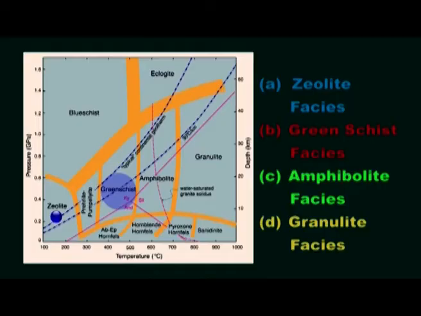The facies of intermediate pressure or Barrovian type are listed on the screen in order of increasing temperature and pressure of metamorphism: A. Zeolite facies, B. greenschist facies, C. amphibolite facies, D. granulite facies. The granulite facies, as described by Eskola in 1939, is based on the ideal assemblages in which micas and amphiboles are no more stable.